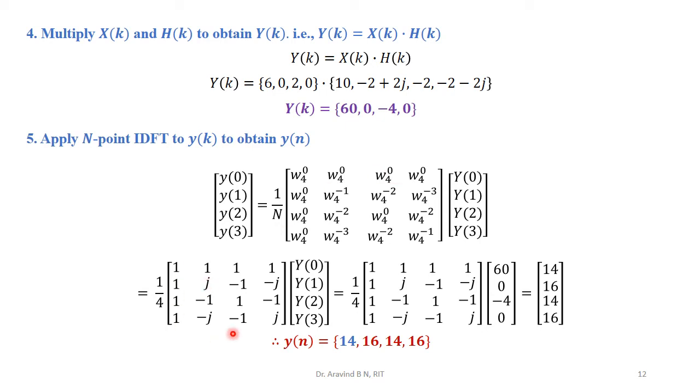That will not be as simple as it is shown here. So it is good to make use of one more method, still in the frequency domain, that makes use of the DFT and IDFT to solve it.